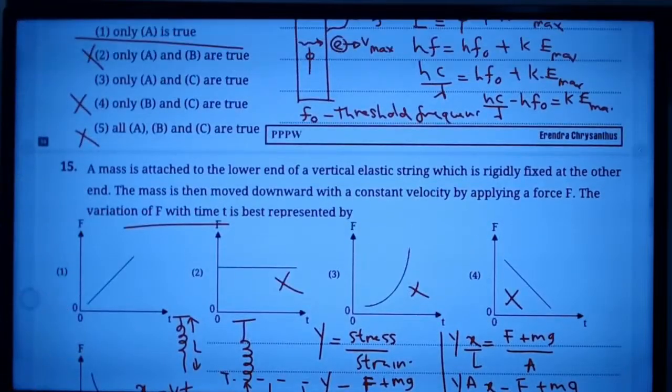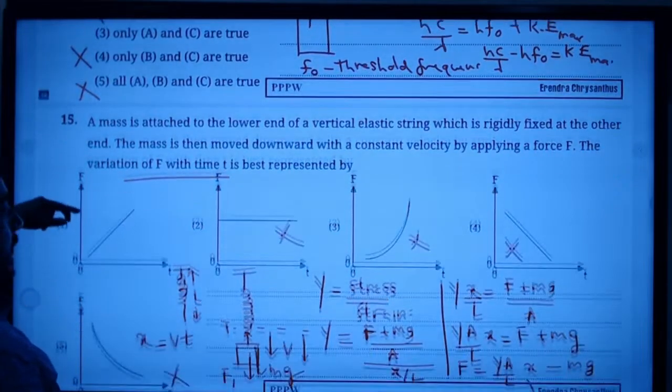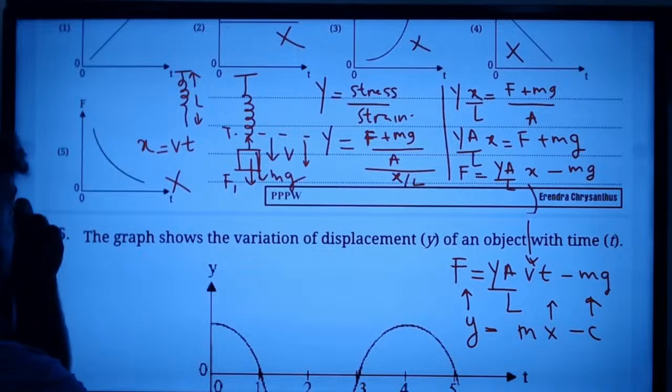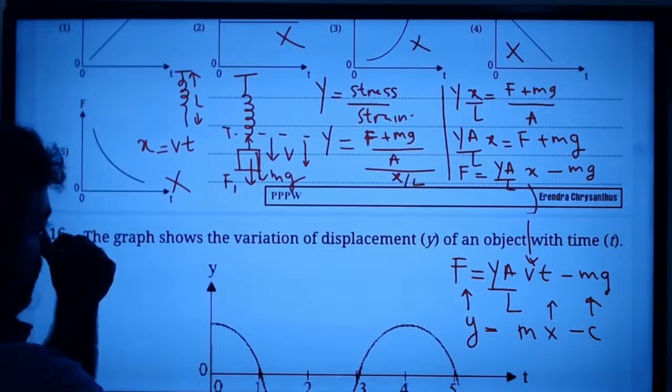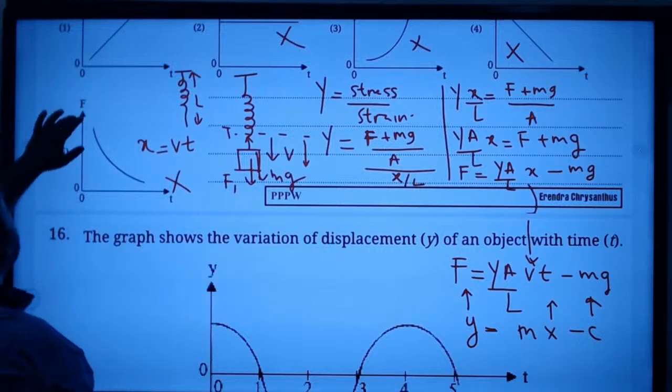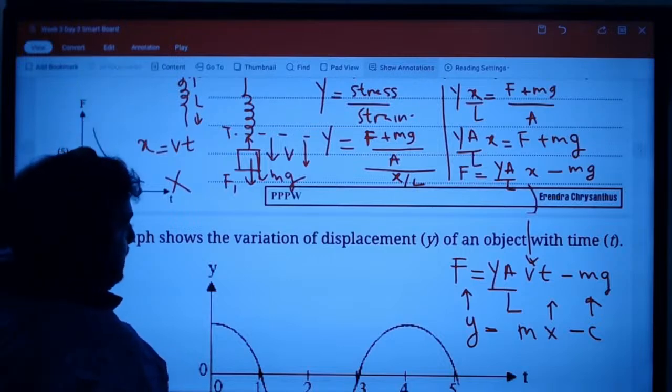Let's go back to the question. Mass attached to the lower end. So already initial extension is there. Move down by applying a constant force. So looking at this, y equals mx minus c. After the mass is applied, let's see from where it is considered.